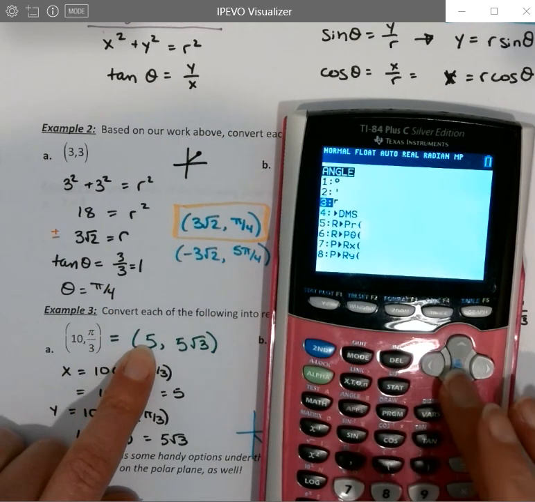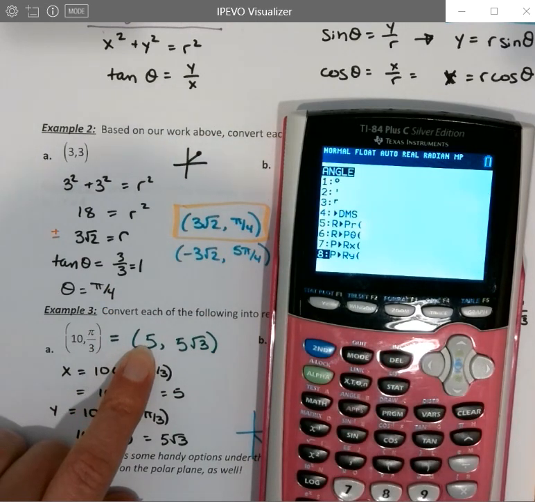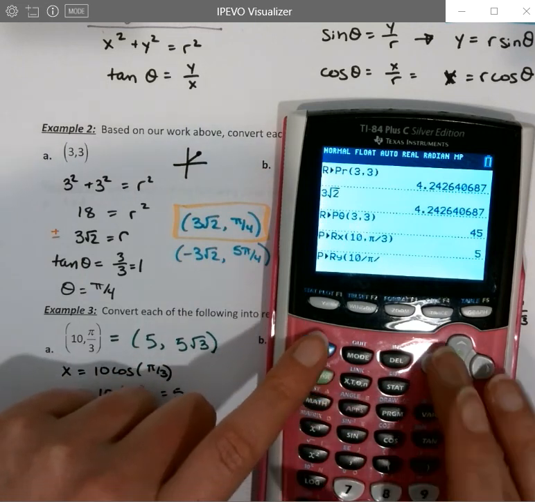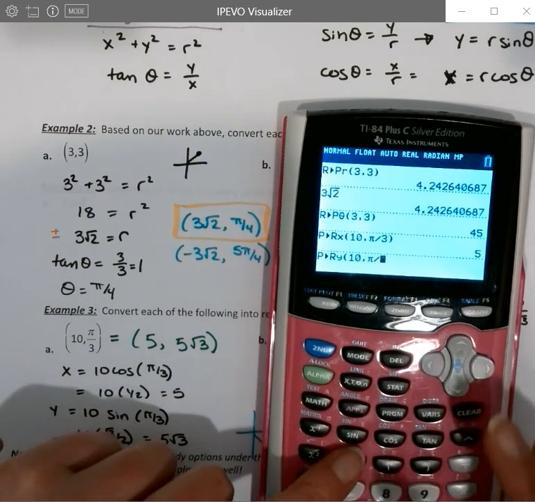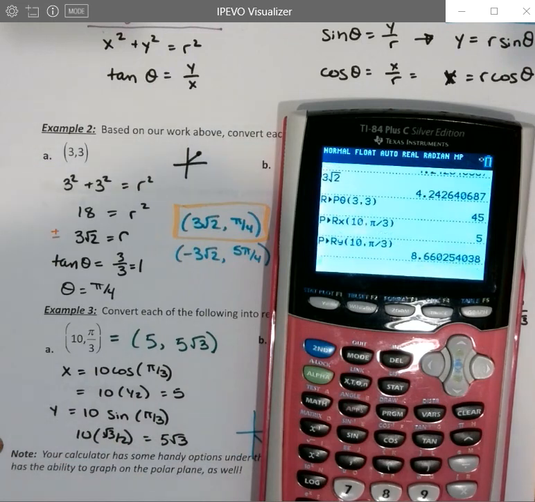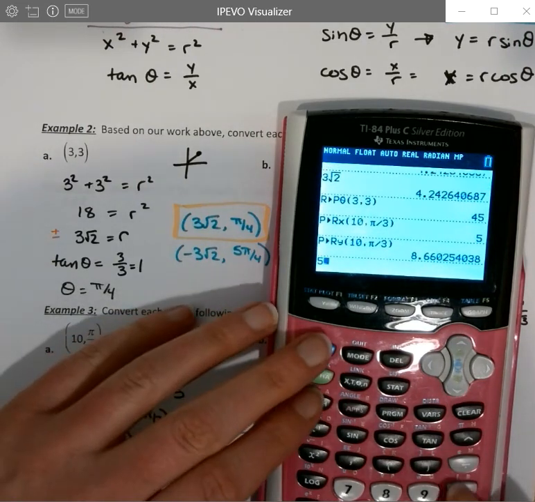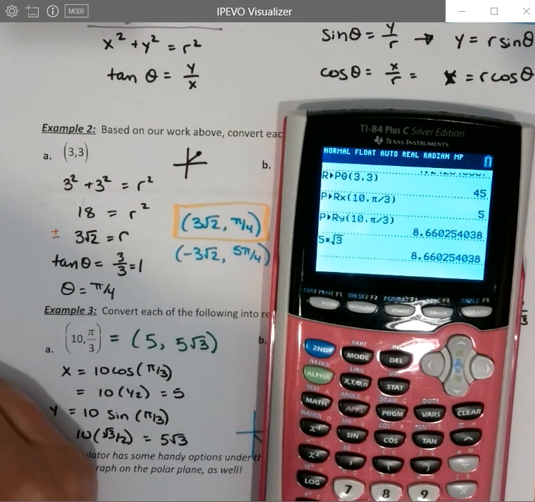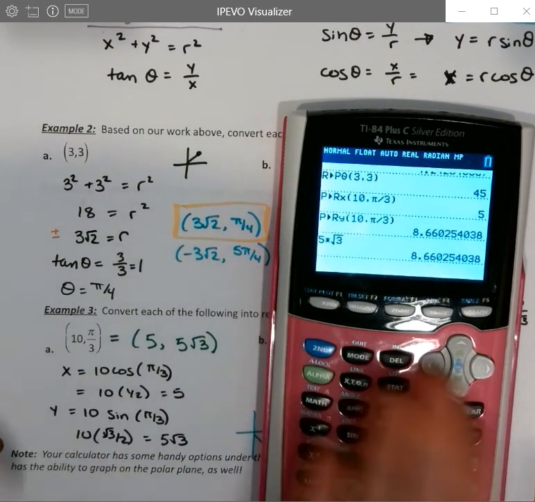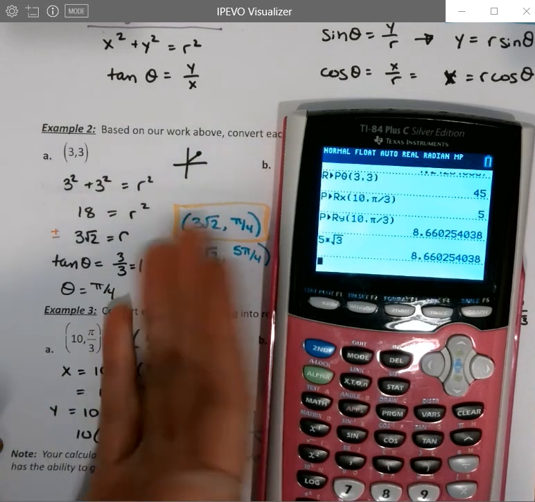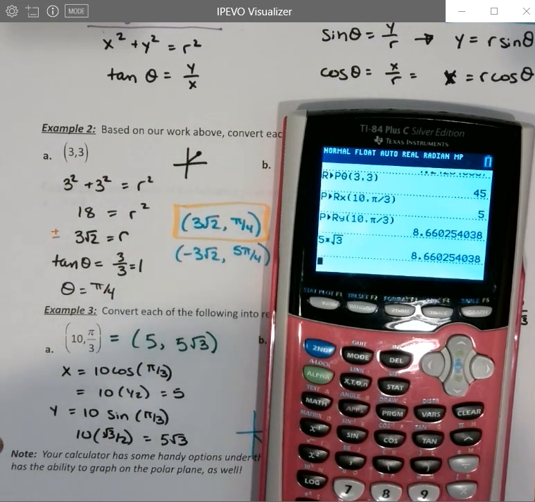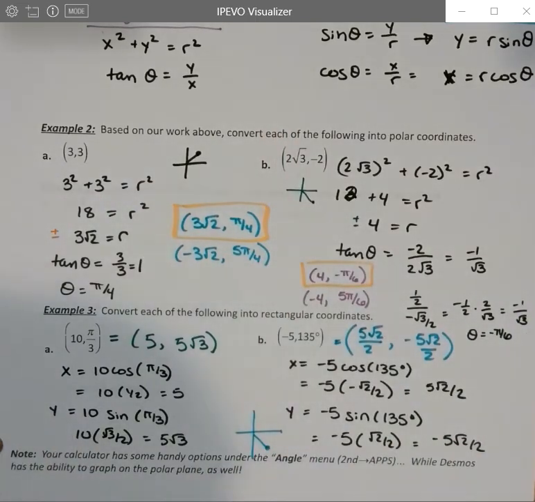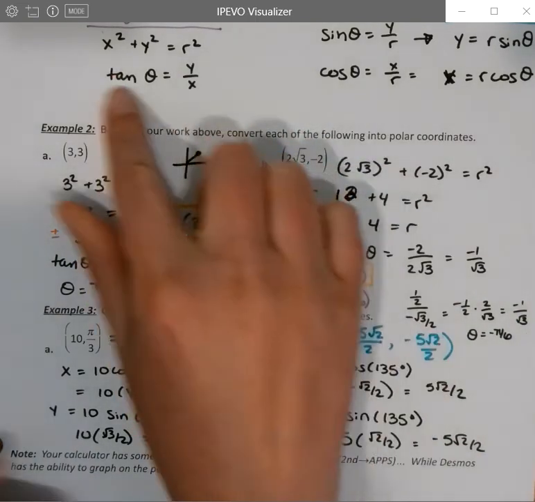We can do it again: polar to rectangular, find the y. 10 comma pi thirds, forgot the comma. And this one gives me, hopefully, the decimal for 5 times the square root of 3. And it is. So it's not giving me the exact values, it's not capable of that, but it does give me a way of getting them if I want to. Interesting, but it's not difficult to convert them using these formulas as well.